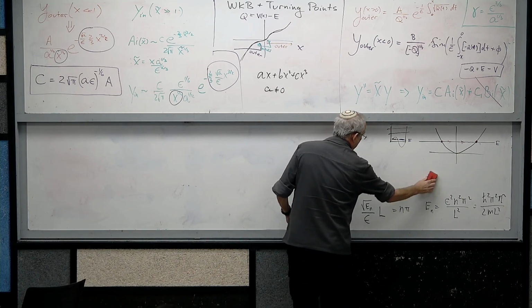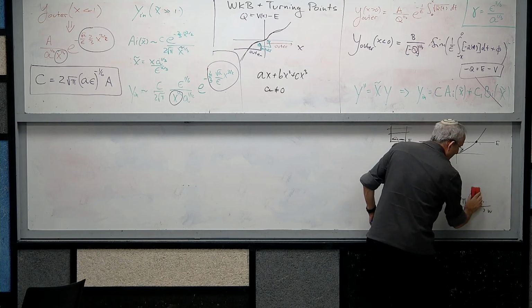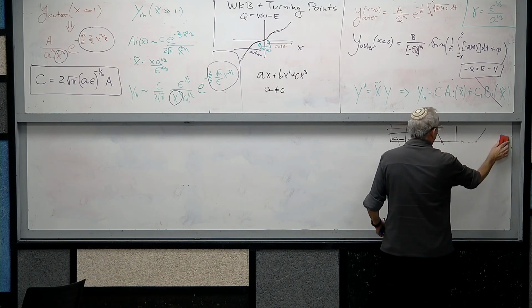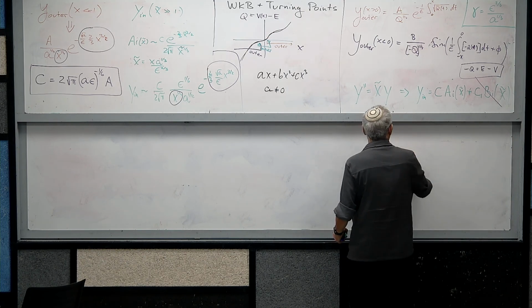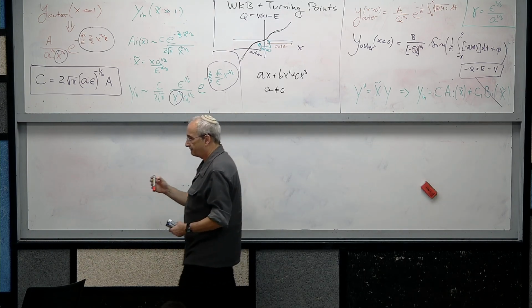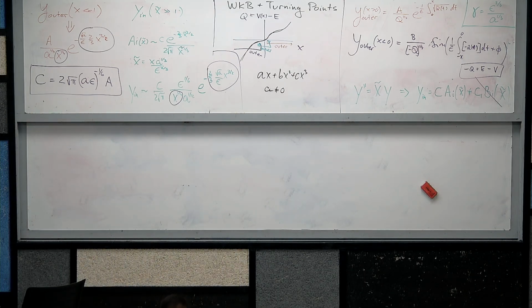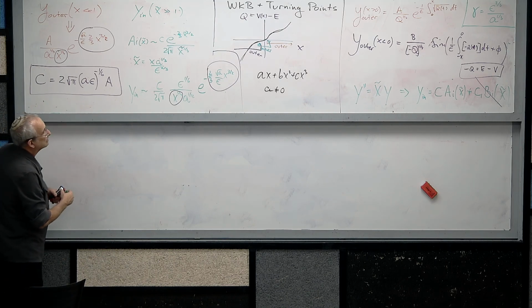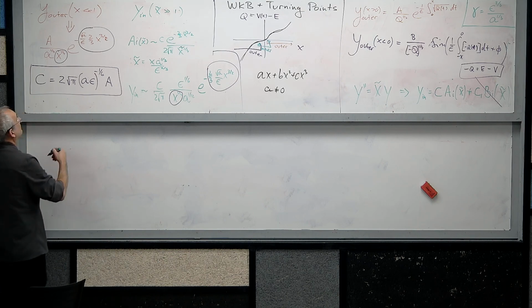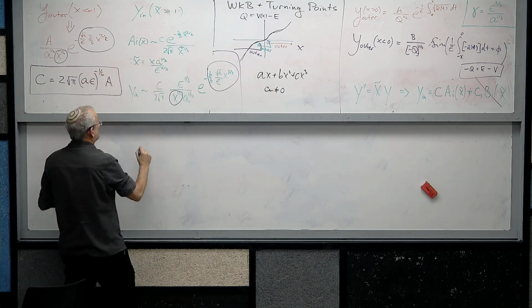So I should open the holy books and ask for the asymptotics of the Airy function. Okay. So looking at the books, we find that this is y in as x much larger than 1.